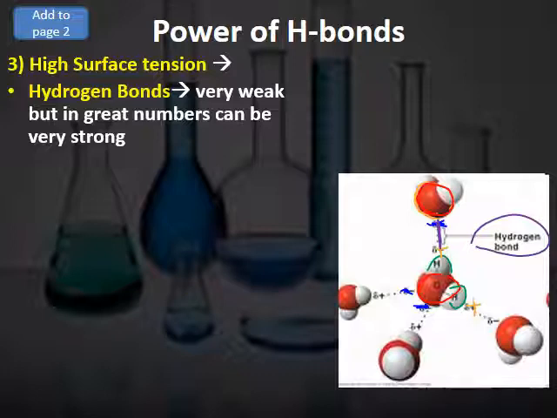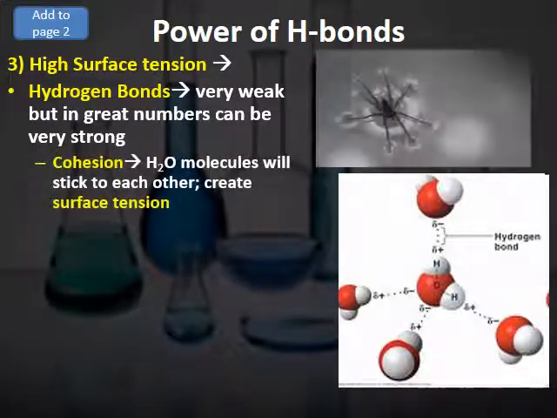They're actually very easy for you to break. You can just stick your hand right into the water, and as you move your hand around the water, you're breaking the hydrogen bonds between different molecules as you're interacting with them. However, they can be really, really strong in high number, so they will allow things, for example, like our water spider here, to actually walk on the surface of the water, because its pressure as it pushes down on the water's surface is not as strong as the hydrogen bonds.